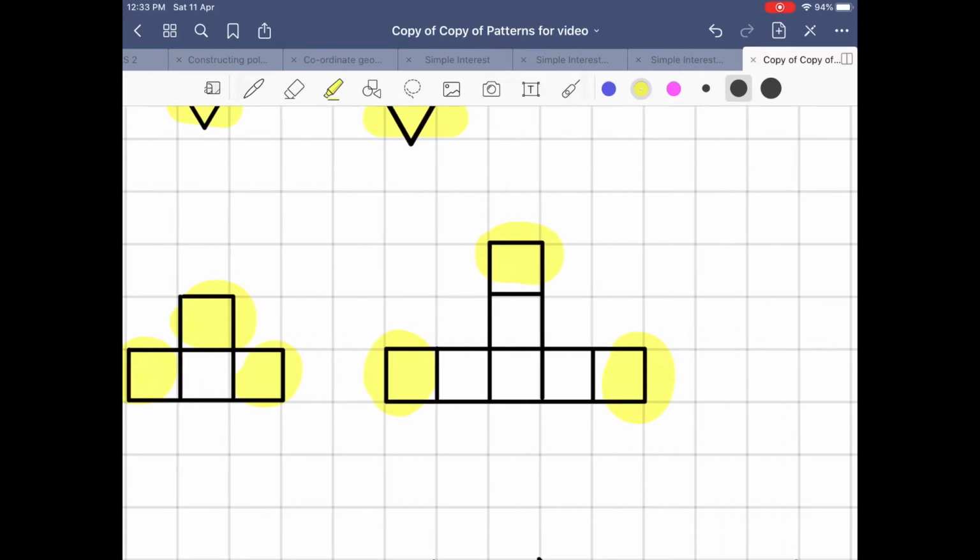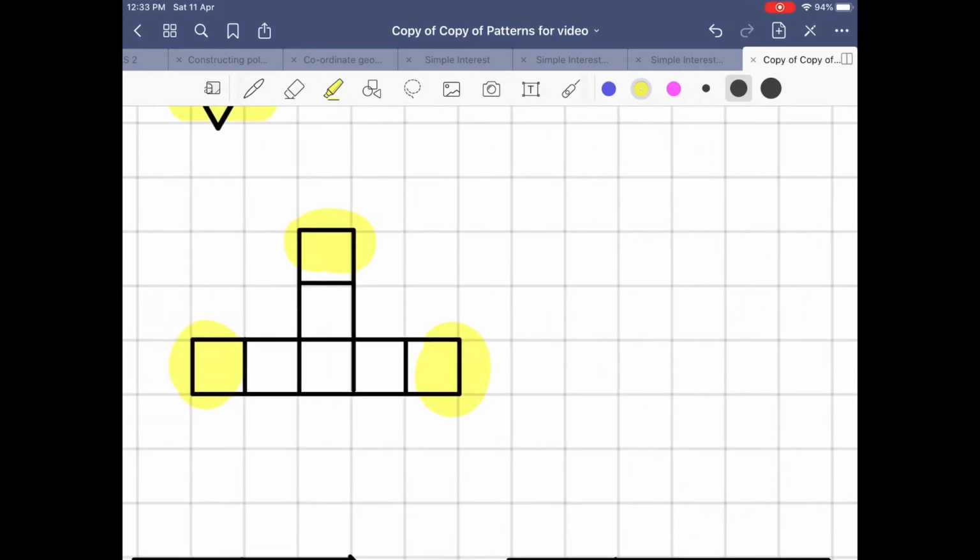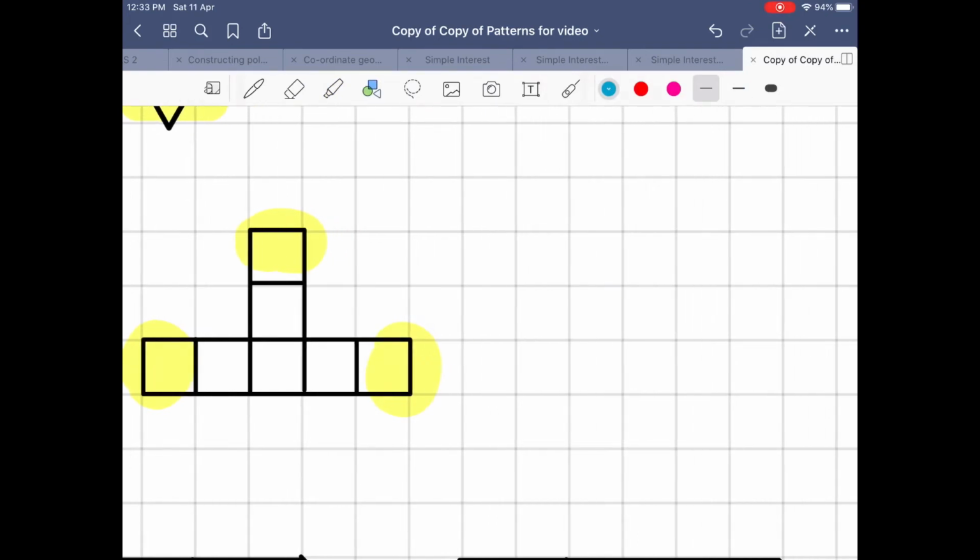So the next one, of course, we will have the previous shape plus 1 on the left, 1 on the right, and 1 on top.